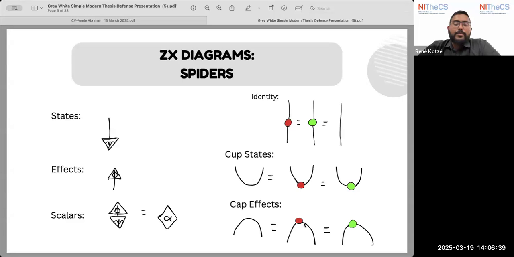And we do think of it as an effect. So also in this case, it doesn't matter if it's red or green, it turns out to be equal.